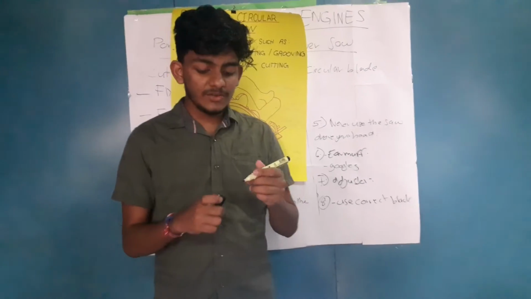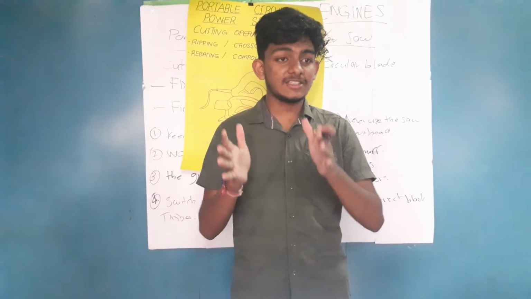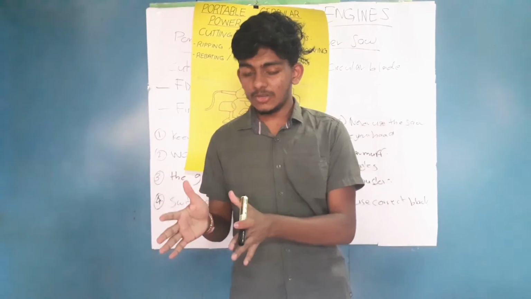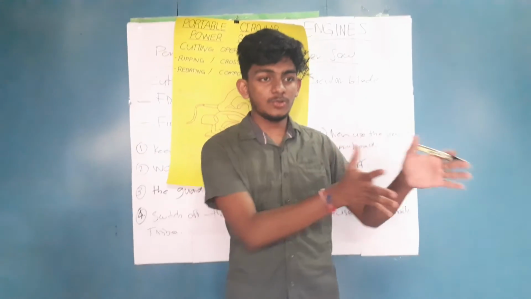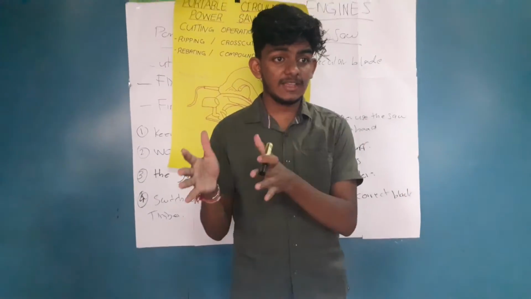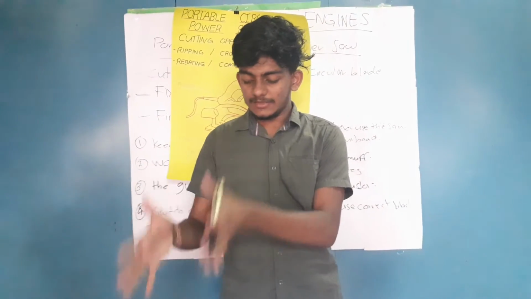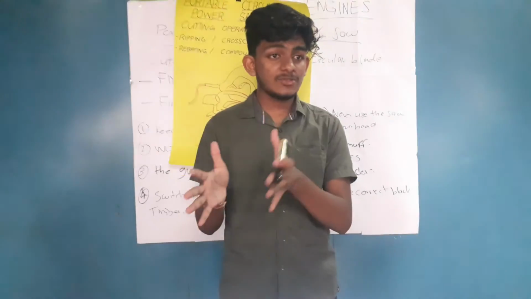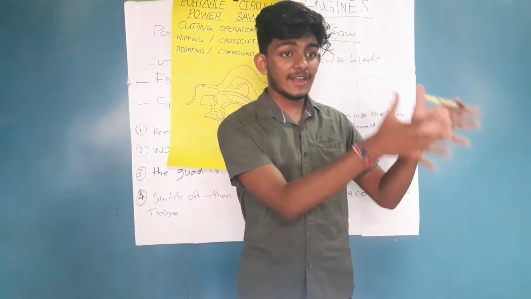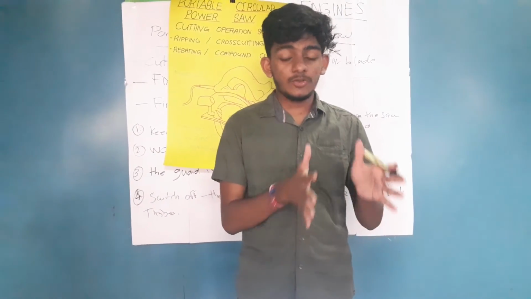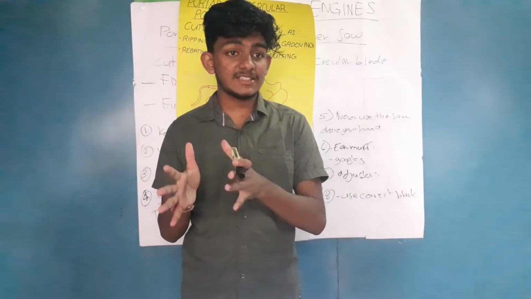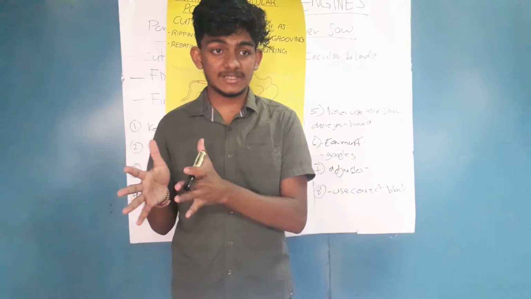When working, you must never use a blade that is not of that particular tool. Like a grinder and a circular saw: you must never use a circular saw blade in a grinder, or a grinder blade on a circular saw. You must always use the blade that is intended for the particular saw and the purpose.